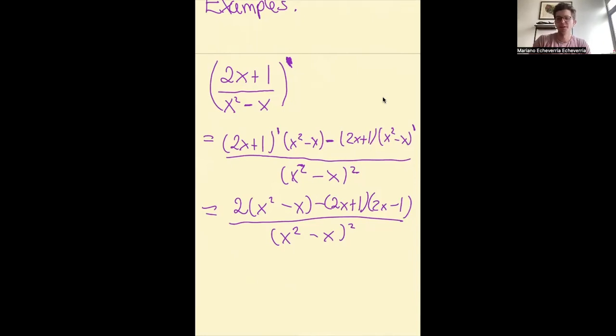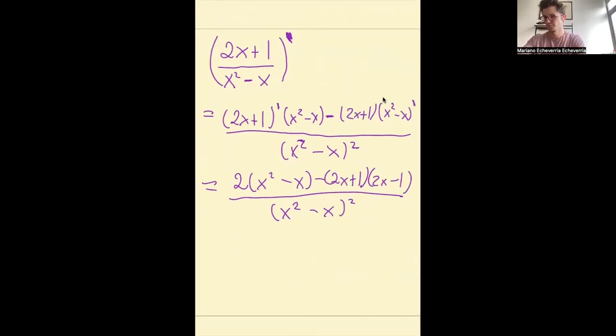I would write explicitly "simplify your answer" if I needed you to. It's more to check that you recognize that this is a quotient rule, that you know how to find the derivatives of the numerator and the denominator, and that you can put it all together. Any other questions about this one?